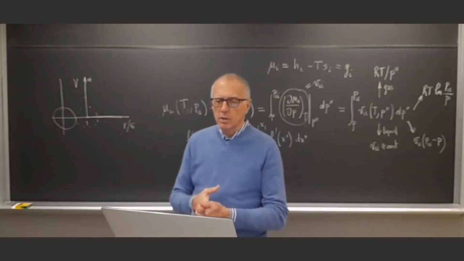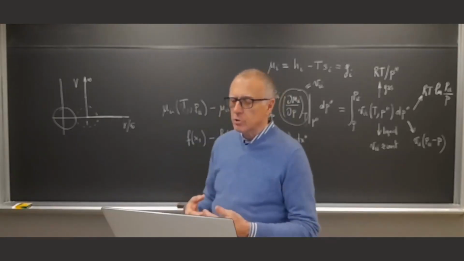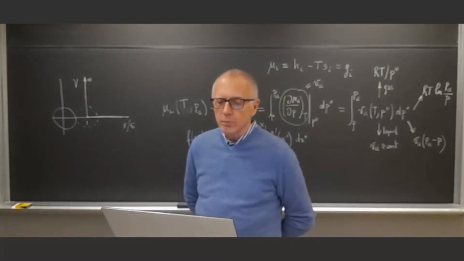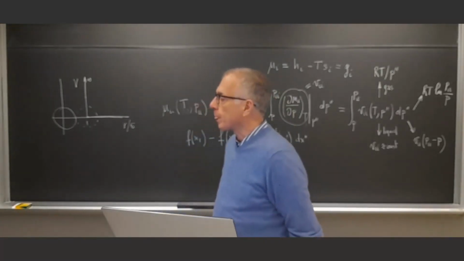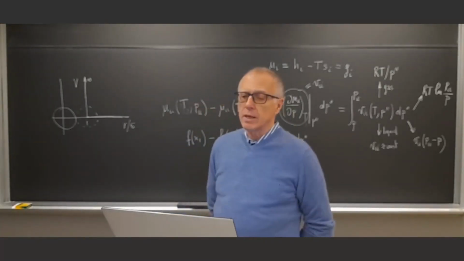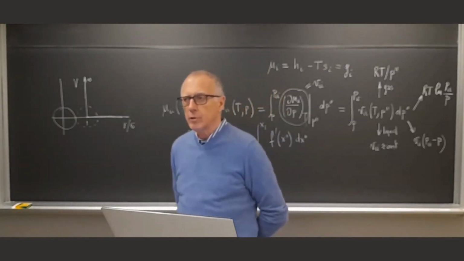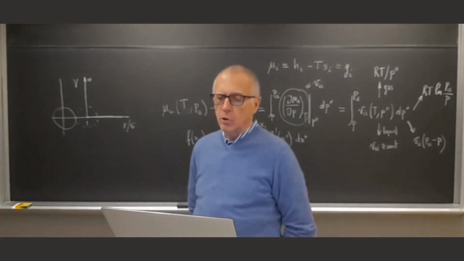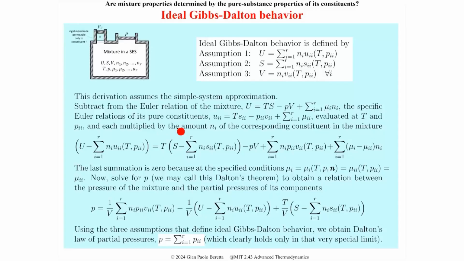So with this introduction, let's consider a first ideal behavior, which we will call Gibbs-Dalton ideal behavior, and which will be a very good approximation for gases in the gas phase.